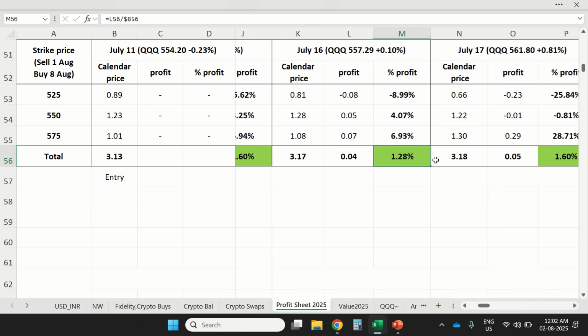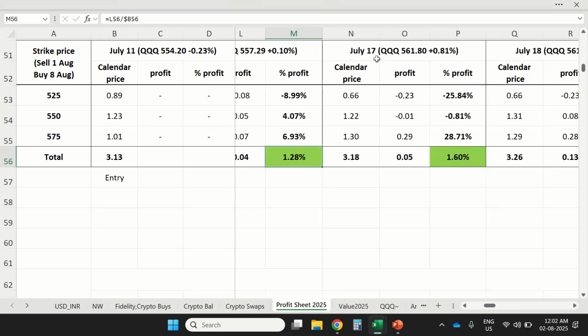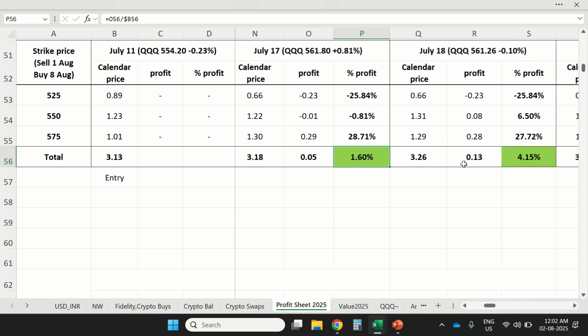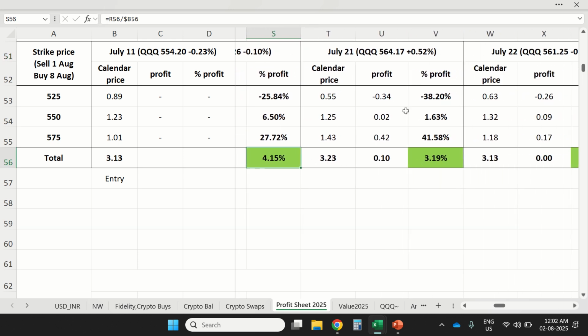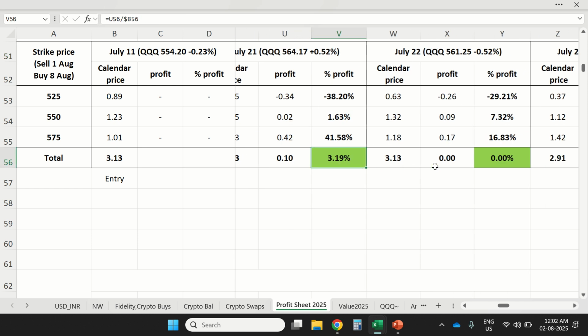So it was a very small profit. On July 17th, this profit went up a little bit to 1.6%. On July 18th, when QQQ fell a little bit, we saw a profit of 4.15%. Then QQQ recovered 0.52%, and it showed a profit of 3.19%.